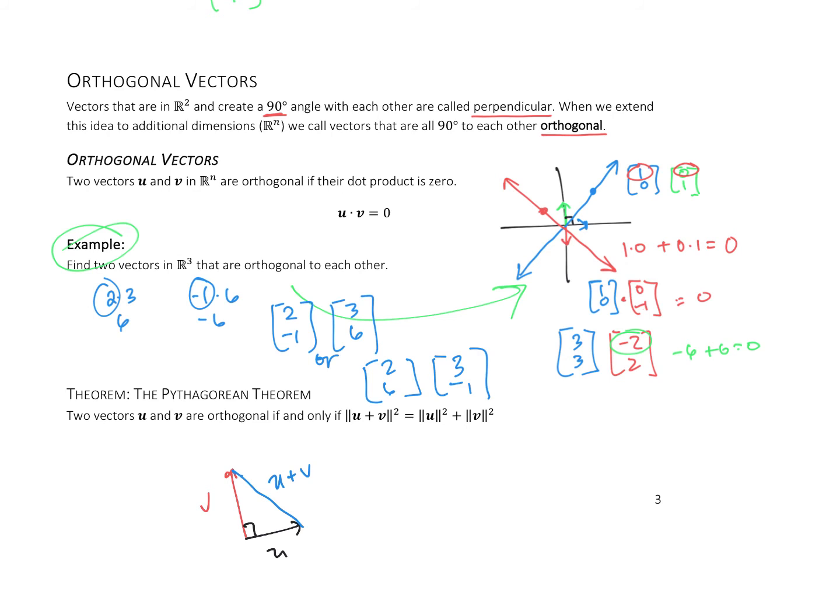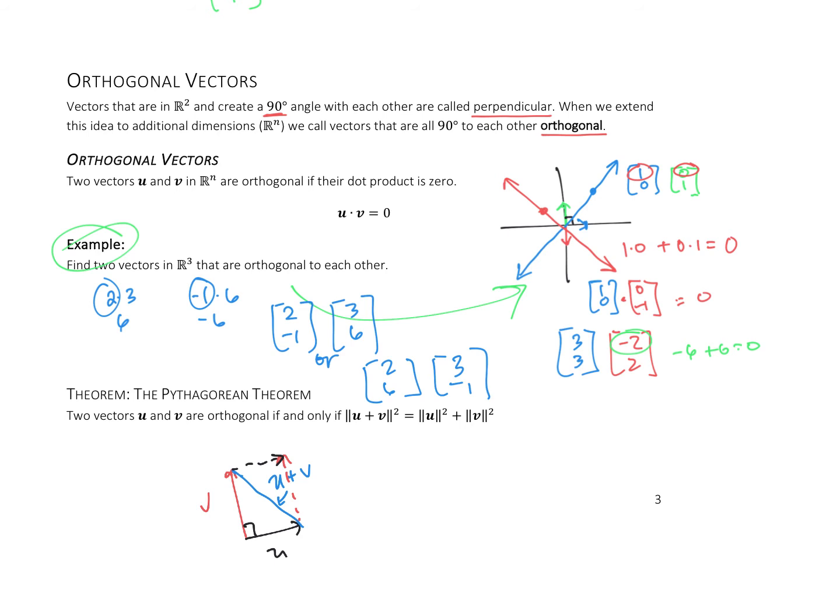If I take the diagonal, what happens if I create and finish that parallelogram? So that would be U plus V there. Can you see that this is a Pythagorean theorem triangle?